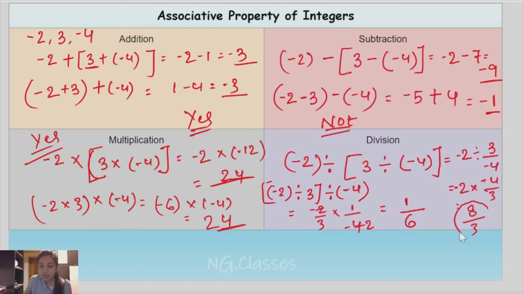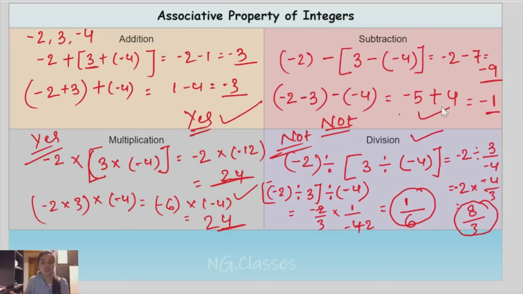From the first case we are getting 8 by 3, and from the second case we are getting 1 by 6. So we can say division is not associative for integer. It's not associative. So addition and multiplication is associative, but division and subtraction is not associative.